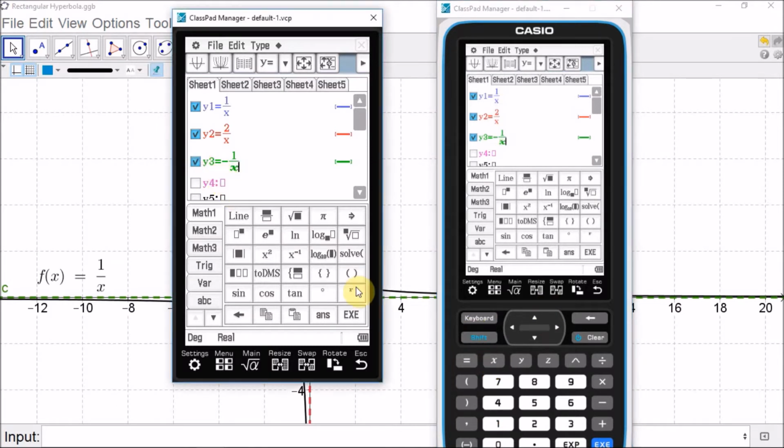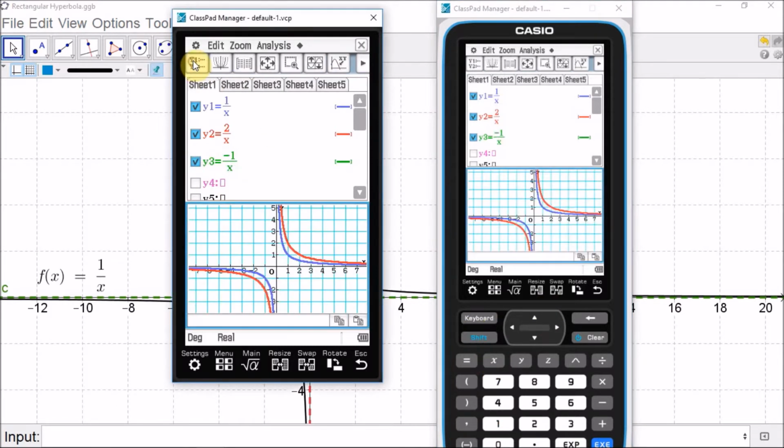All right, tick that, and now I'm going to graph those. Have a look at the green one in relation to the blue one. Now, the convention here, because this fits in with the way other graphs behave as well, is rather than looking across this way, we're looking this way, up and down.